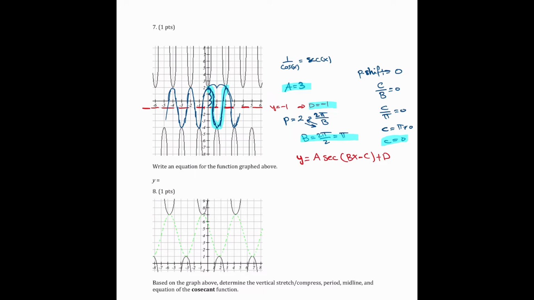So the equation is y equals 3 secant (pi x minus 0) plus -1, which I can simplify and write as y equals 3 secant (pi x) minus 1. And that is the equation of the graph for number 7.